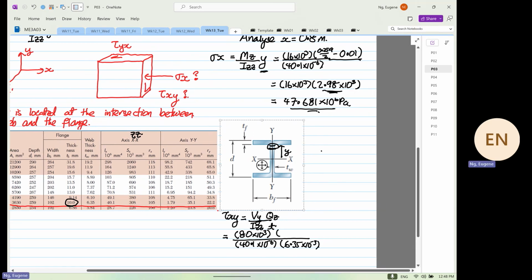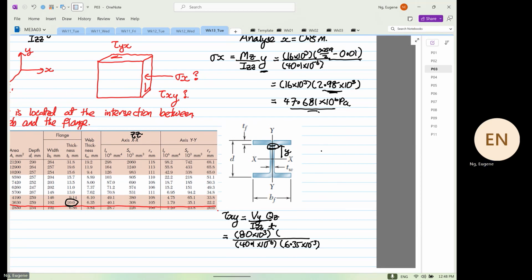And then the Qz, the width is your BF, 0.102. The depth is your TF, TF is 0.01. And then the y bar is d divided by 2, 0.291. So 0.259 divided by 2 minus TF, 0.01 divided by 2.